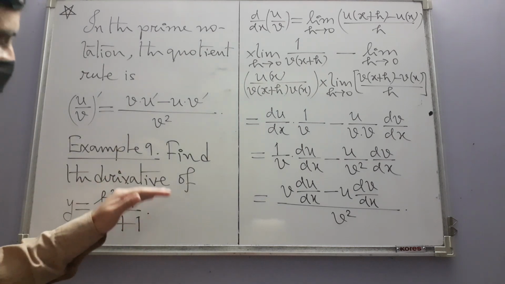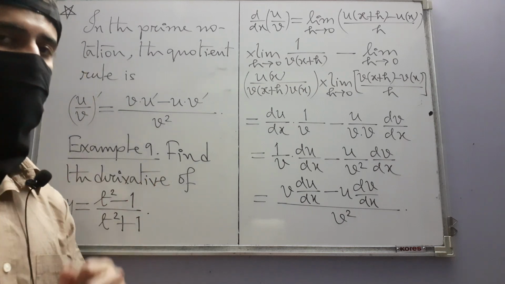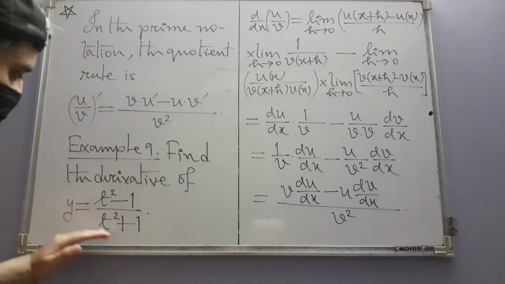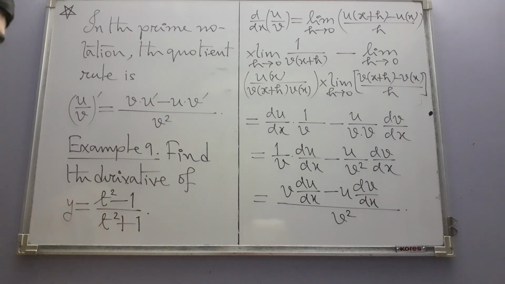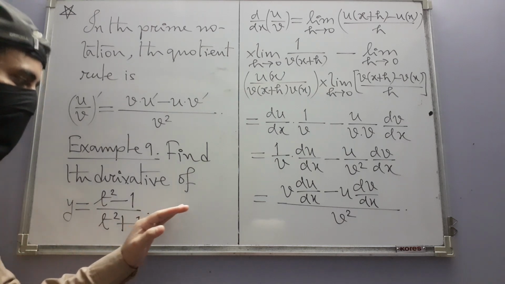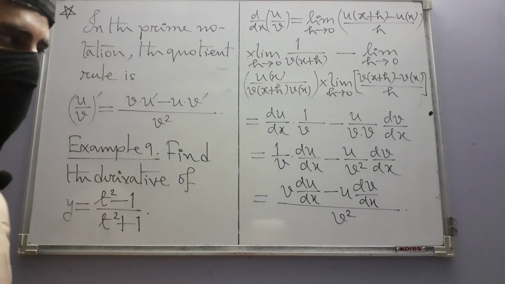You see, ideally we should write find the derivative of this with respect to t, because t is the independent variable. But because only one function is there and only one independent variable is there, it's usually omitted. It's understood that we have to differentiate with respect to t.